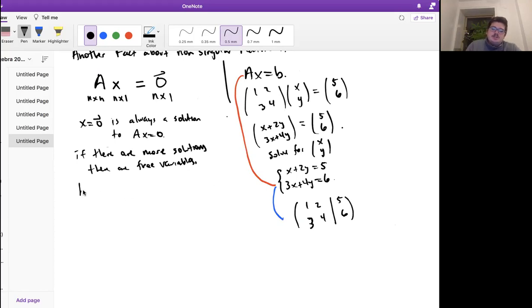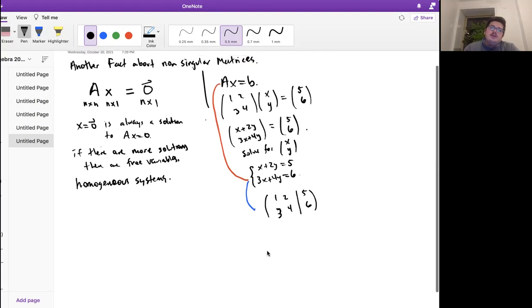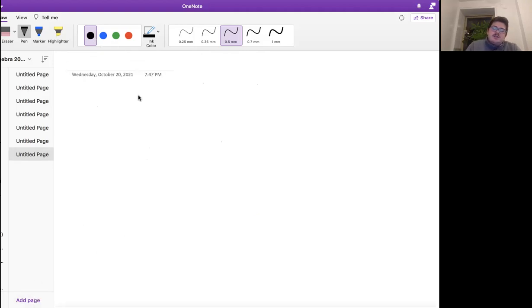It's homogeneous. Remember, when you have an augmented matrix with zeros on the end of it, that's a homogeneous system. All right. So just remember that. So let's say we have a homogeneous system where A is non-singular. What is a solution for x?